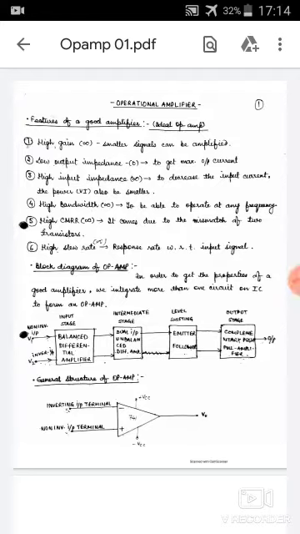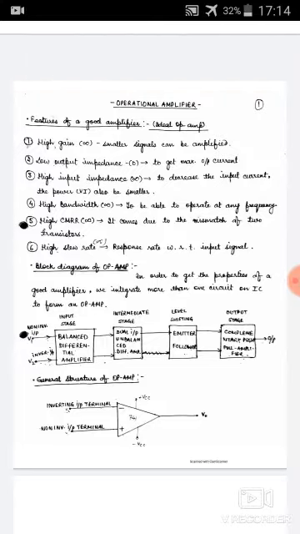Good morning, everyone. In the previous lectures, we have studied semiconductor materials, semiconductor diodes, bipolar junction transistors, and field effect transistors. This is the last topic, which is operational amplifier.